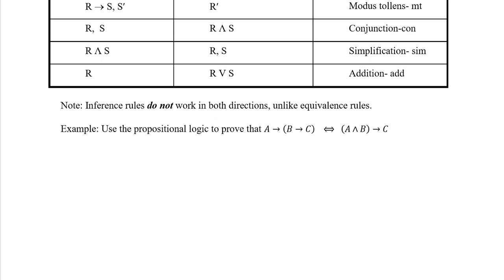Use propositional logic to prove that A implies (B implies C) is equivalent to (A and B) implies C. Of course you could use a truth table, but here the question is asking to use propositional logic. So I'm going to use a set of equivalence relationships and go from one side to the other.